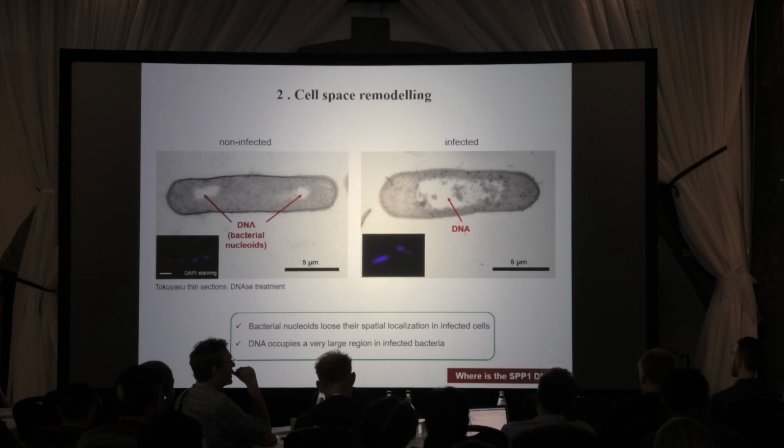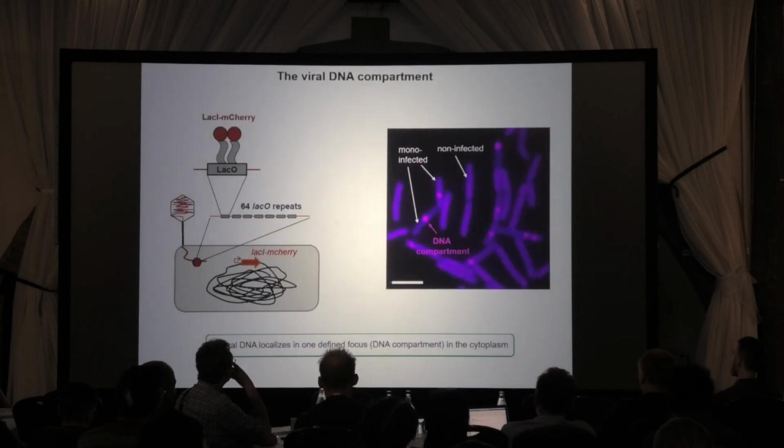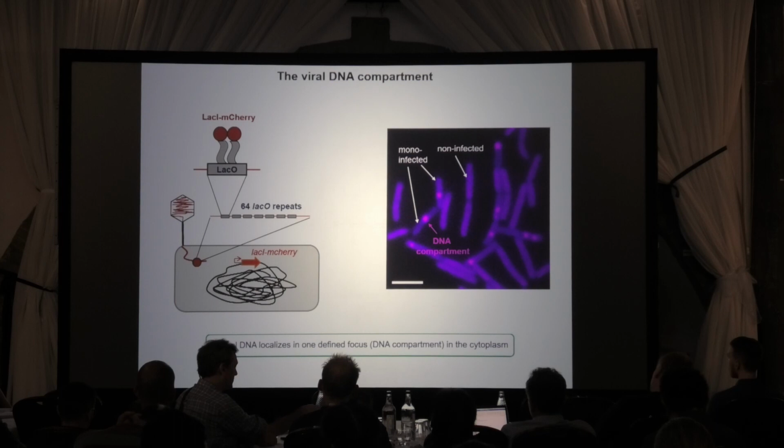So now to see where this SPP1 DNA is made, this is a typical experiment to label specific DNA in cells. We just build a recombinant phage with lacO repeats, and then you infect cells that produce the LacI-GFP fusion, and this shows you very clearly where the viral DNA is when you do live fluorescence imaging.